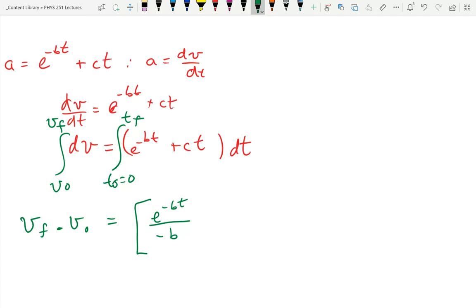Okay, what about the integral of ct dt? That's going to be ct squared over 2.